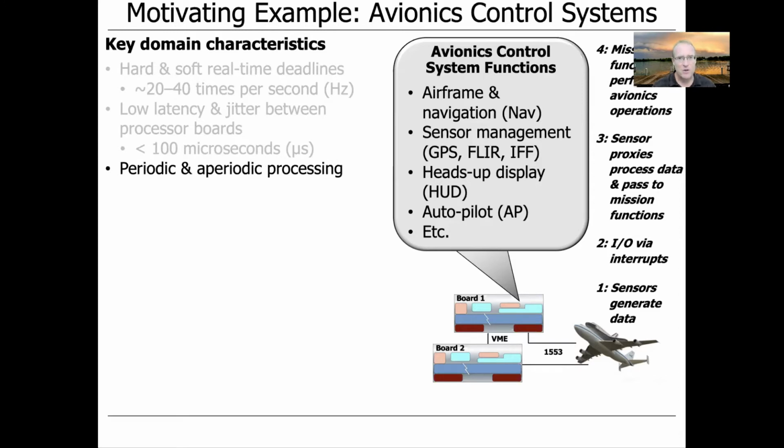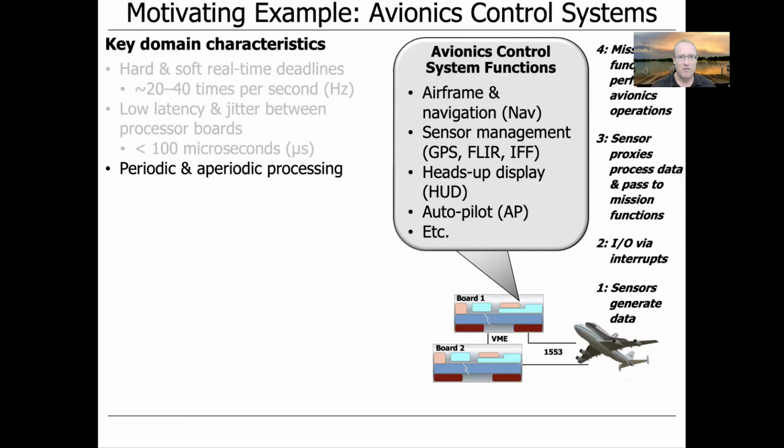There's also need for support to handle both periodic and aperiodic processing. Periodic processing takes place for sensors that examine the state every so often, say 10 times a second or 20 times a second. But there's also various kinds of processing that takes place aperiodically, perhaps when certain kinds of modes are entered or certain kinds of states are encountered.